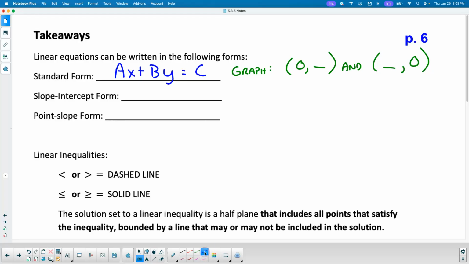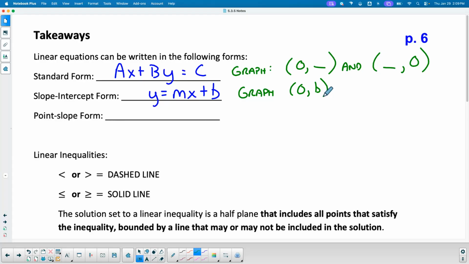The slope-intercept form of a line is y equals mx plus b, and there you would graph the point zero comma b, or the y-intercept is just b. If it's like plus 7, you would go up 7, and you would put a dot. If it's negative 2, you would go down 2 from the origin and put a dot.